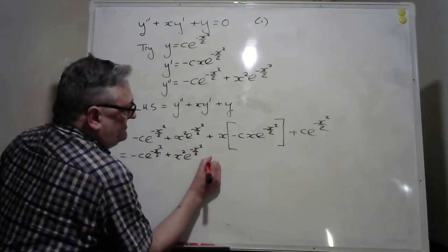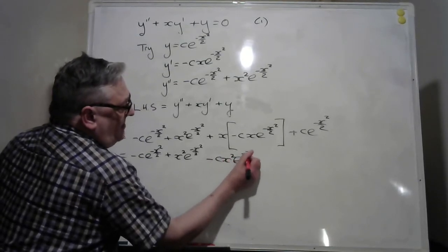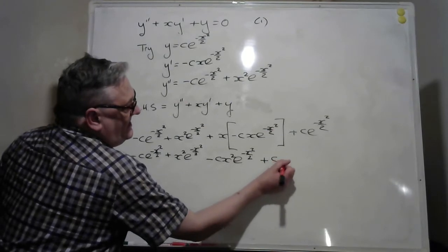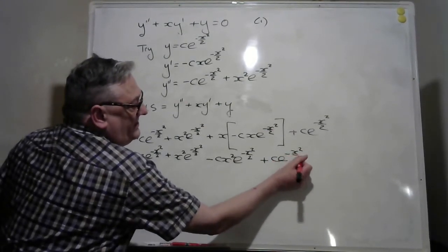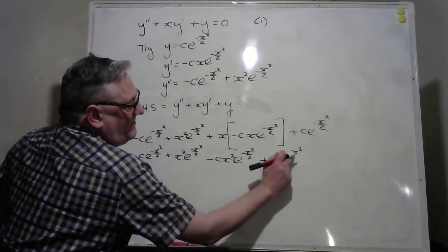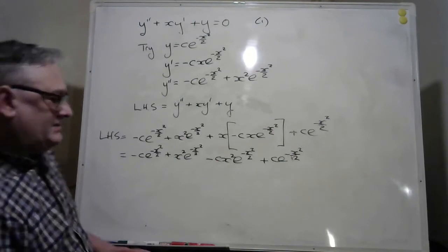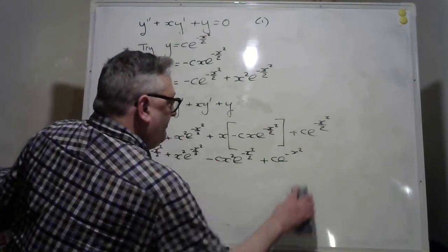And this time it's going to be minus cx squared e to the minus x squared over 2 plus ce to the minus x squared over 2. Let's make it look a little bit clearer.